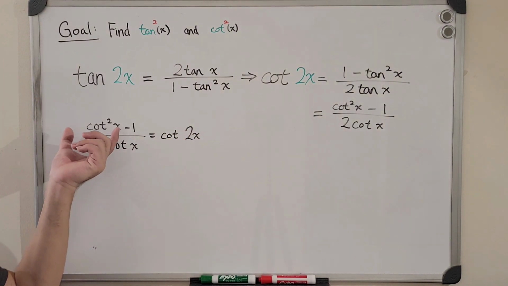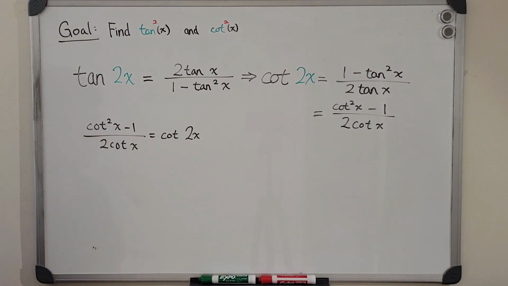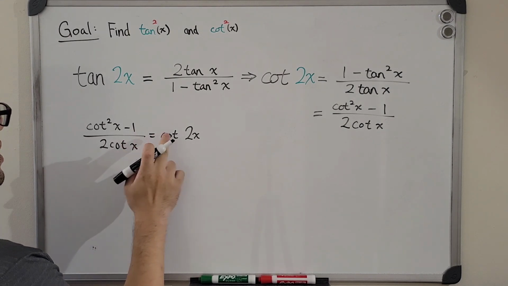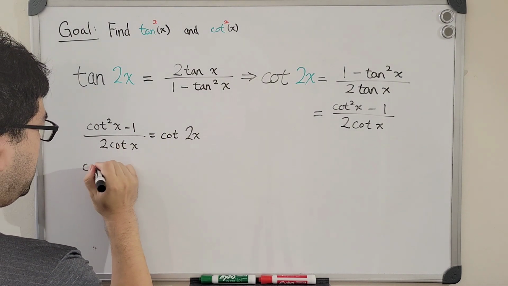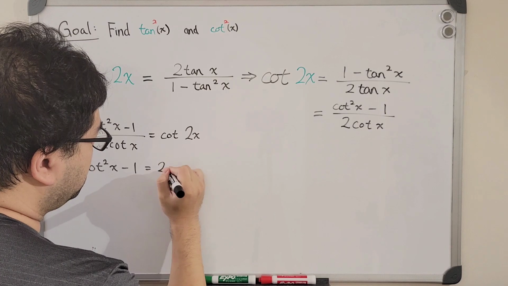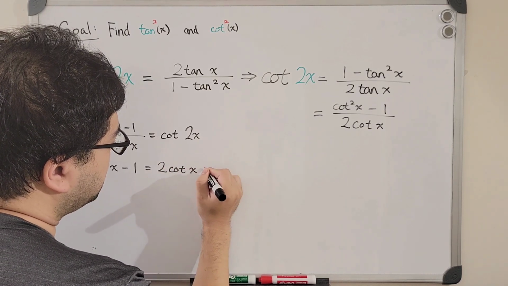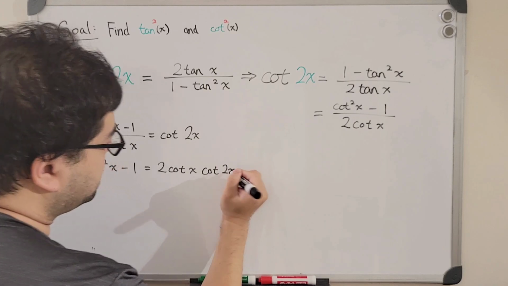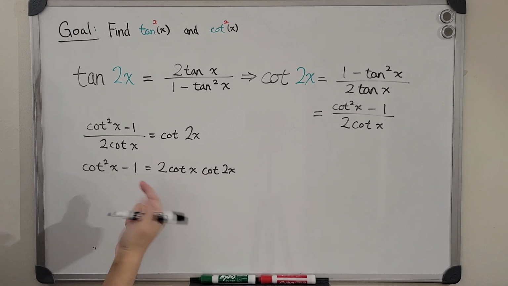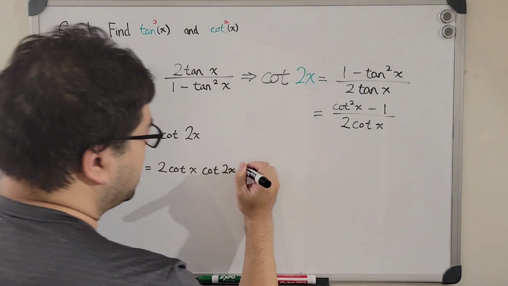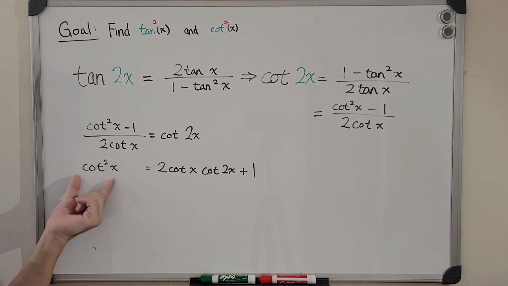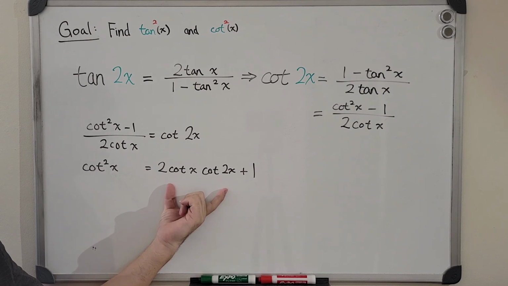So in order to isolate the cotangent square of x, first we need to multiply the denominator to the other side so that there will be no more fraction. And we will get 2 times cotangent of x times cotangent of 2x. Great. And finally, we just need to bring the 1 to the other side by adding it. So, ladies and gentlemen, this would be the expression of cotangent square of x in terms of the linear terms.